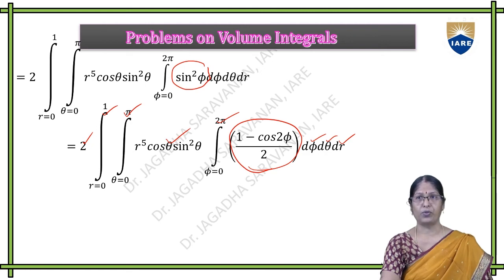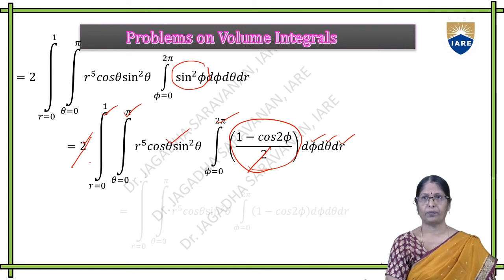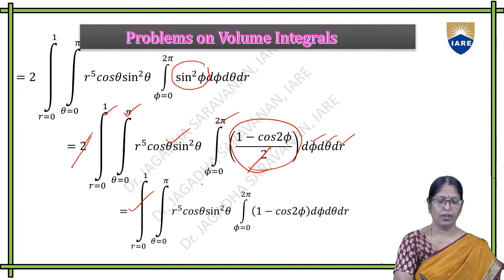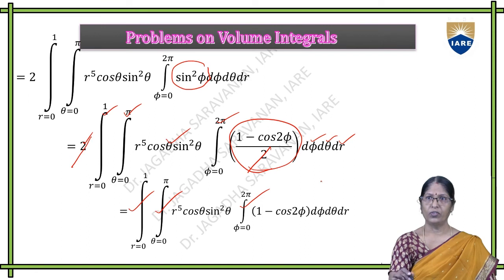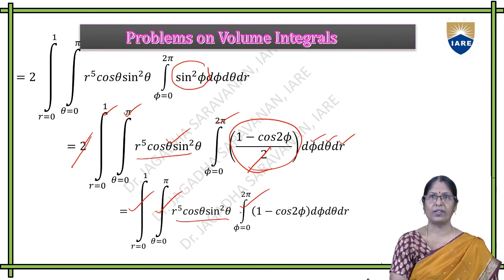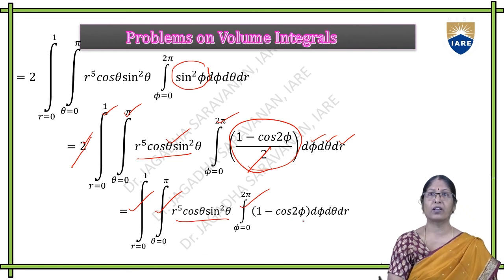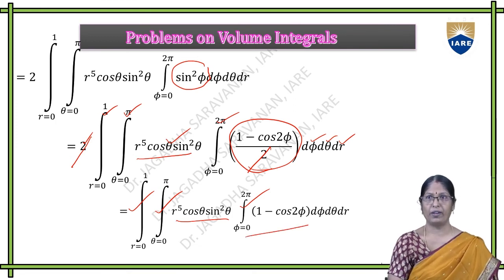So this 2 and this 2 we can cancel. Now the outermost one, the middle one, and the interior one we have written as it is: r power 5 cos theta sin square theta, here 1 minus cos 2 phi, d theta dr. This integration is to be done now.